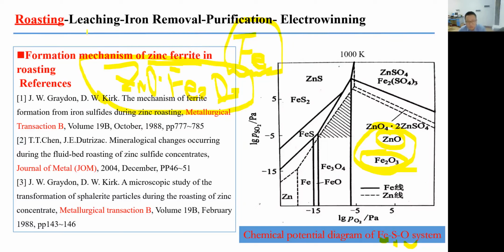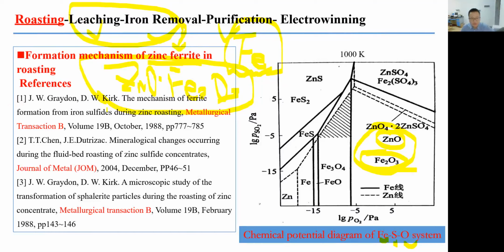In leaching, iron removal, and purification, especially these parts, efforts are made to solve the problems caused by zinc ferrite, and we will have more discussion in the following slides. The formation mechanism of zinc ferrite is an important topic for roasting.